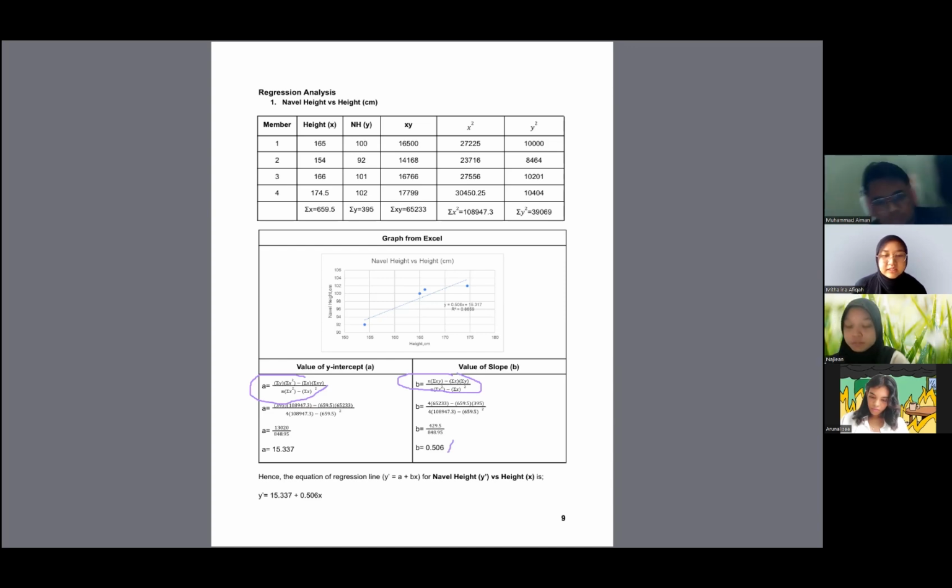Based on the y-intercept value and the slope value, we get the equation of the regression line.